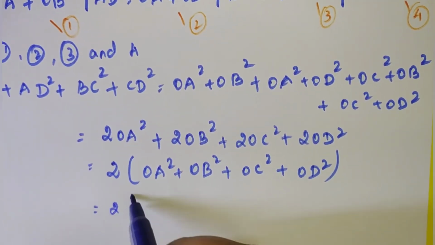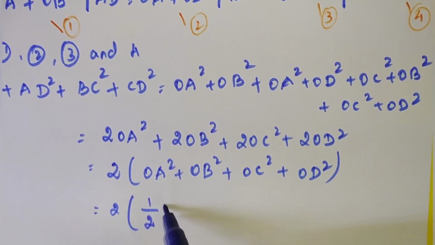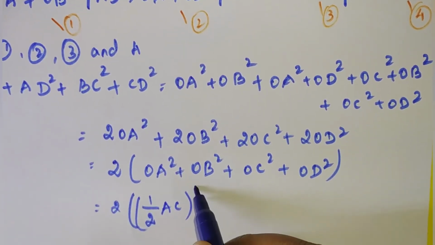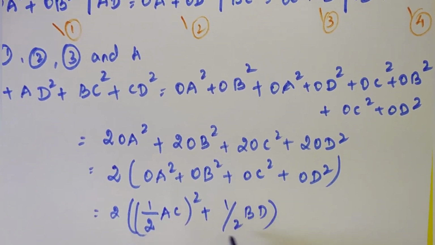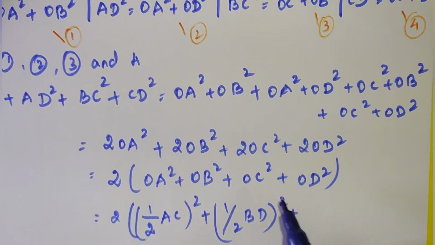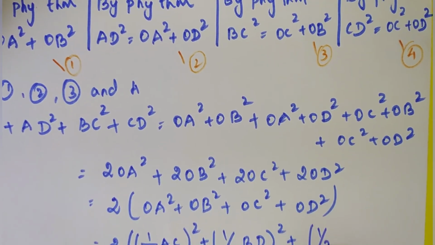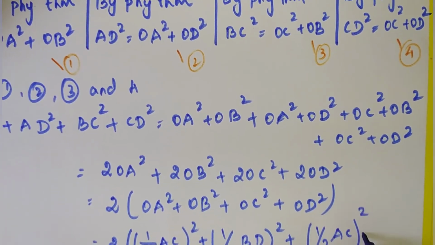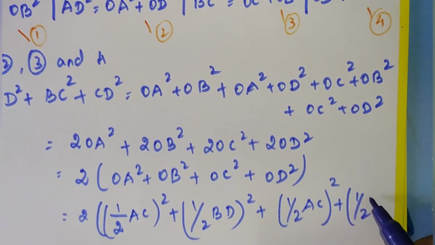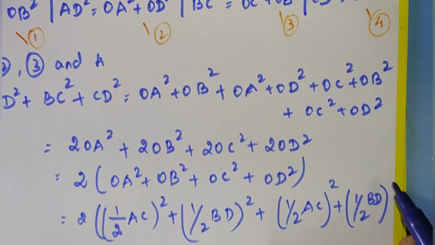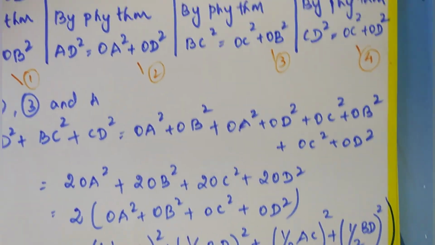So instead of OA, half of AC squared, plus OB, half of BD squared, plus OC, half of AC squared, plus half of BD squared. Clear?